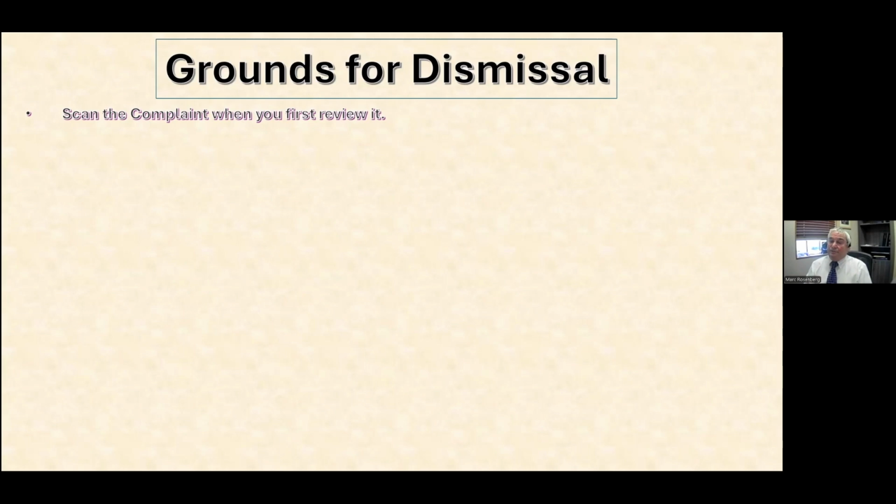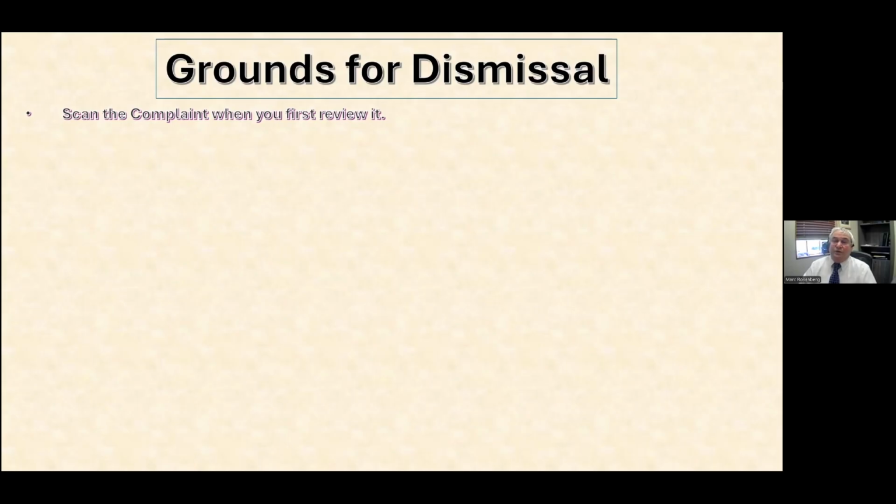You can have some issues without defeating a summary judgment motion, but the issues have to be genuine and the facts have to be material. So basically, if there's no genuine issue of material fact and a party is entitled to dismissal as a matter of law, that's the standard for a summary judgment.